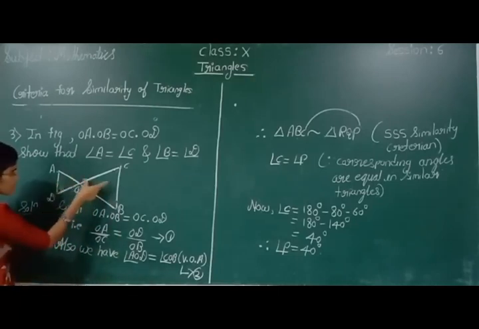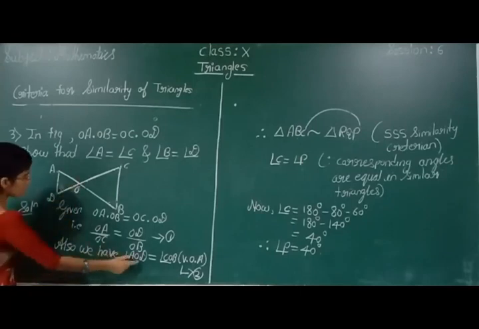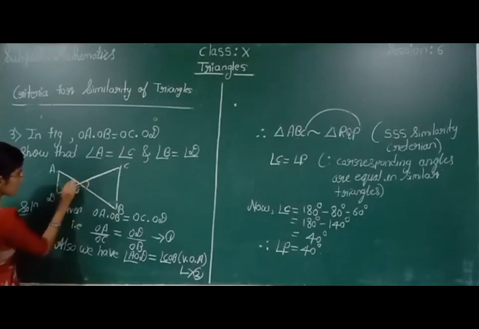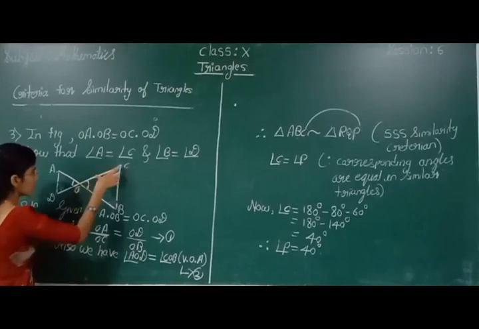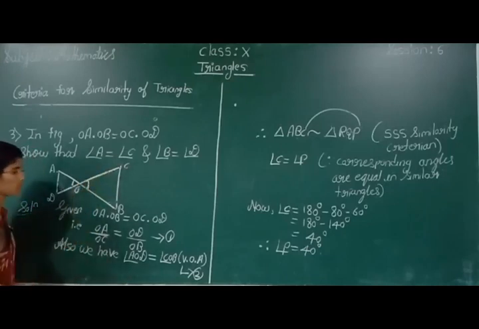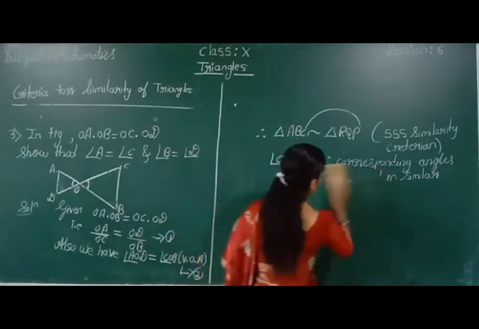Tell me student, by which criteria? By SAS. Why, you know? See here, this angle is included between AO and DO, and here this angle COB is included between side OC and OB. Yes or no?